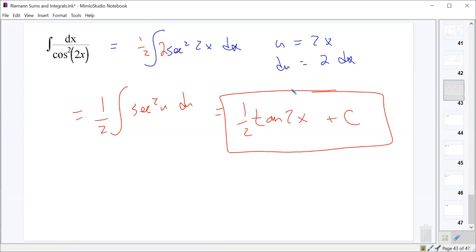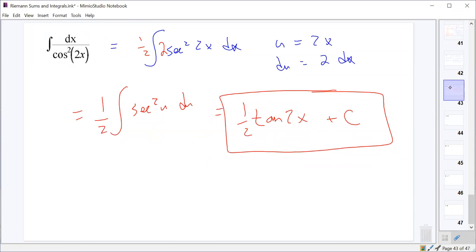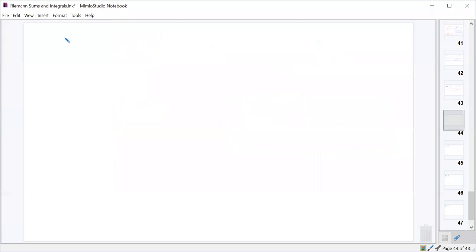So these simple u subs, like a 2x within a trig function that we know how to integrate, or the same thing like the 7x in here, or let's say something like the integral of e to the 1/2 x dx. Let's do this one real quick.